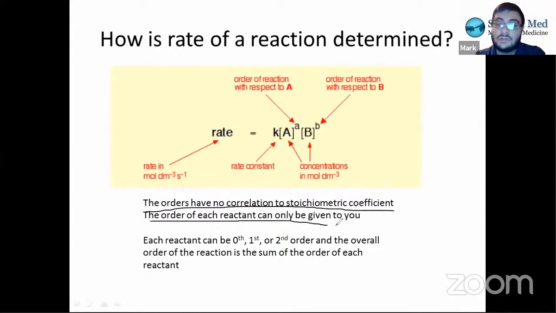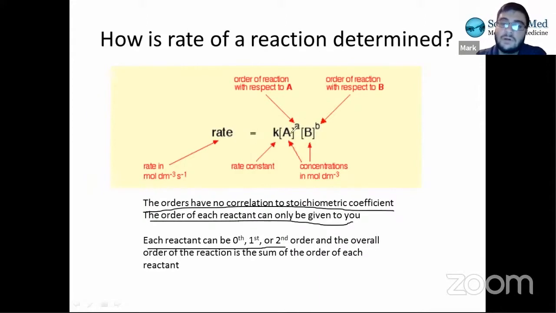The order of each reactant can only be given to you, since you're not doing experiments, so you can't find it experimentally. Each reactant can be 0th order, 1st order, or 2nd order. There is also 3rd order, but this won't really come up on the MCAT, at least for a single reactant.